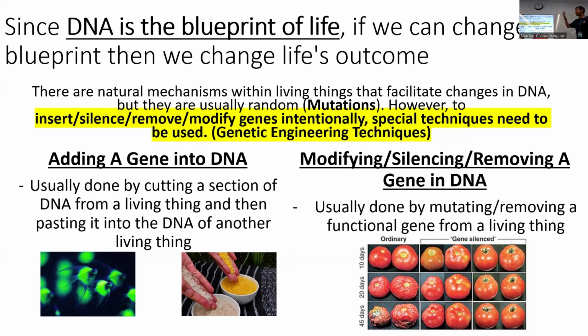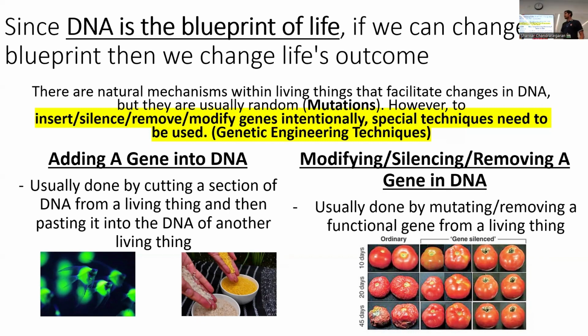So essentially, there are 4 ways that this alteration can happen. You insert a gene, you silence a gene, you remove a gene completely, and modify a gene as well. So there are 4 ways that the modification can happen.